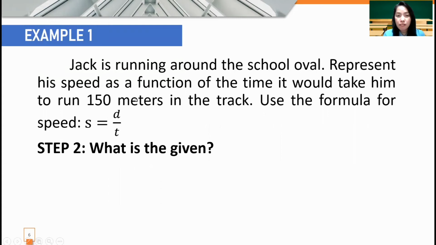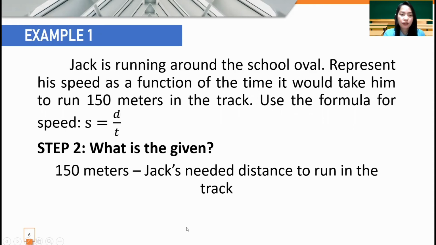Since ang unit of measurement na nandito ay meter, ibig sabihin, 150 meters is the value of the distance, which can be substituted in the variable d. So 150 meters is Jack's needed distance to run in the track.